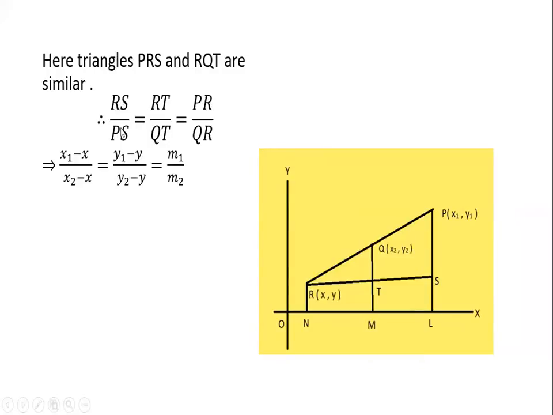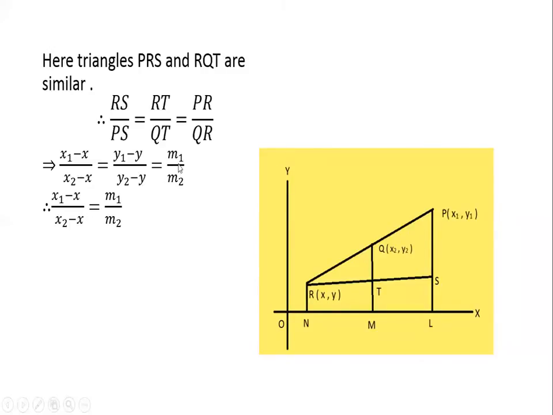Putting the value of RS, PS, RT, QT, PR, and QR, we can write x1 minus x by x2 minus x equal to y1 minus y by y2 minus y equal to m1 by m2.